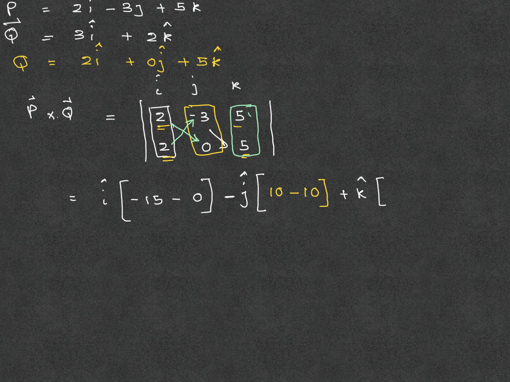So let's do the k hat. 2 times 0 is 0, minus 3 times 3 is minus 9. So that's what we have. And the answer is negative 6 i hat and no j hat, and there you have k hat.